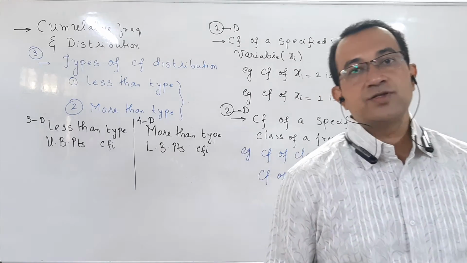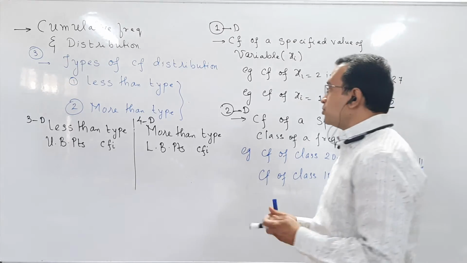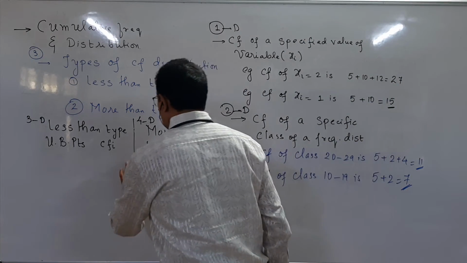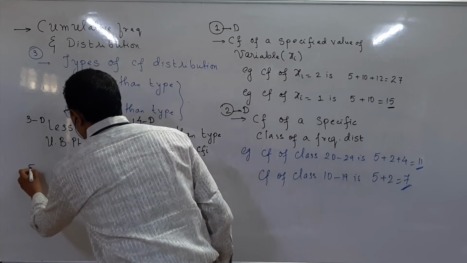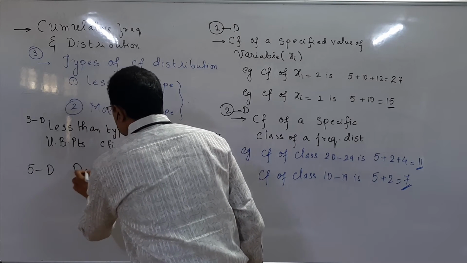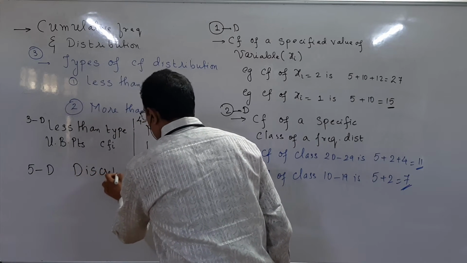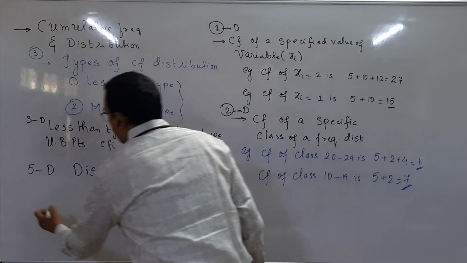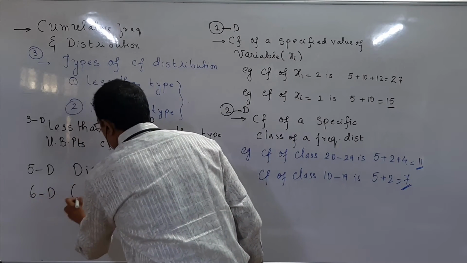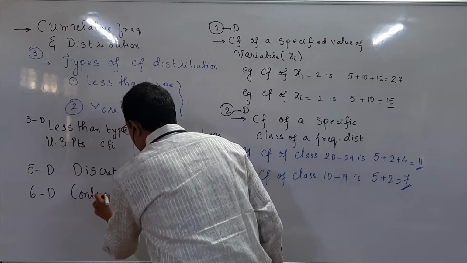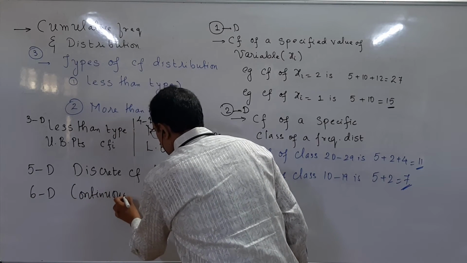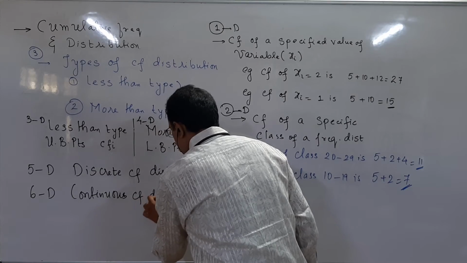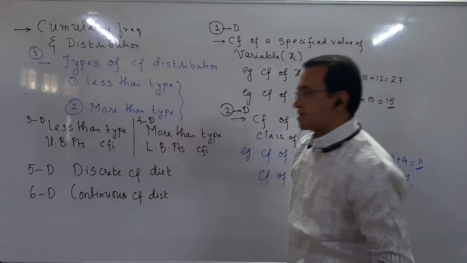Then the next definition. What is a discrete cumulative frequency distribution? I am writing 5. Discrete cumulative frequency distribution, and the sixth definition is continuous cumulative frequency distribution.